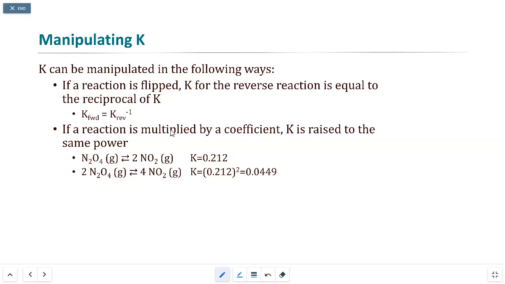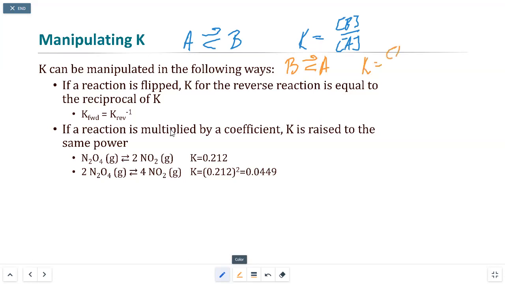If I've got this equilibrium expression, A turns into B, I know that for K as it is currently written, it'd be the concentration of B over the concentration of A. But if I decided to flip it around and look at B in equilibrium with A, well, all I would need to do is flip around the expression as well.